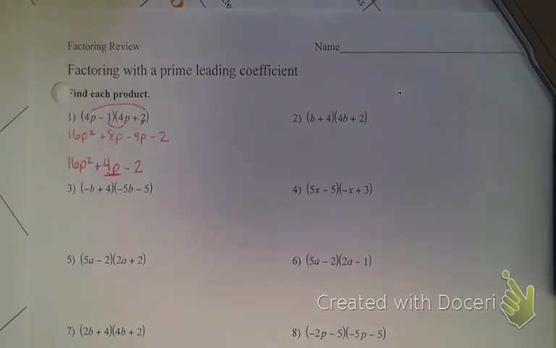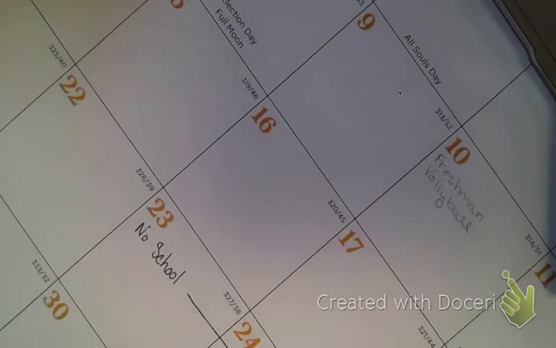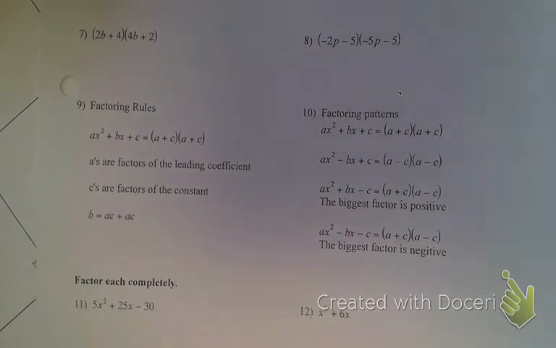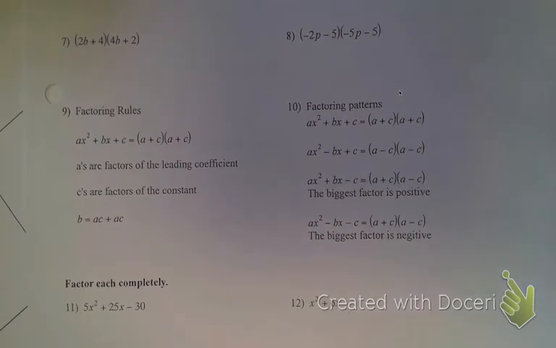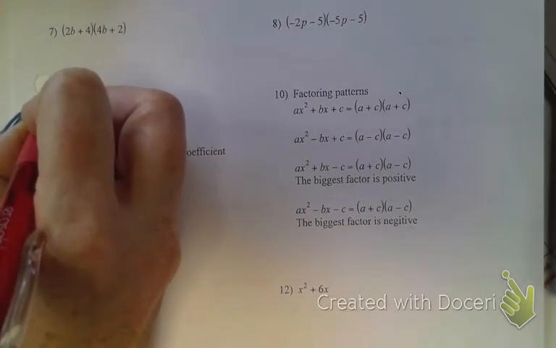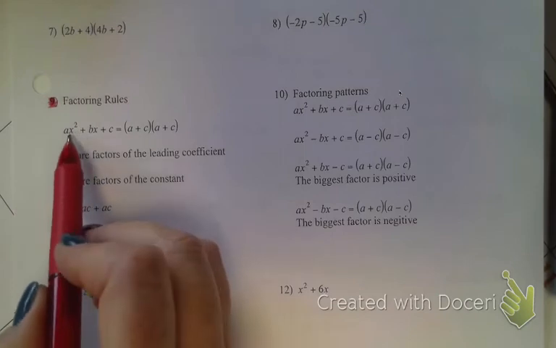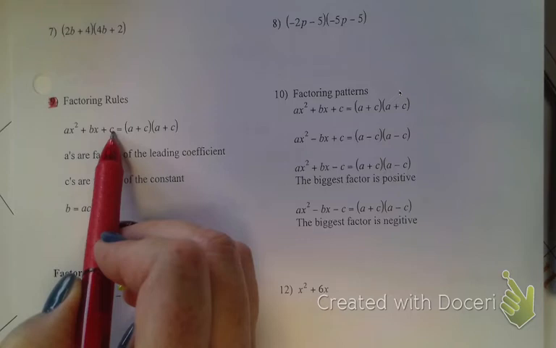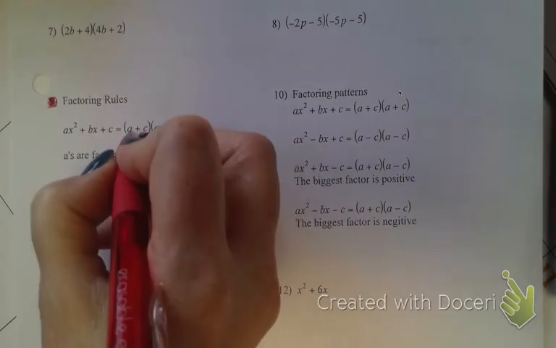The second part of your assignment is as follows. Number 9 is factoring rules. So, these are factoring rules. I have ax squared plus bx plus c. We're going to factor this.